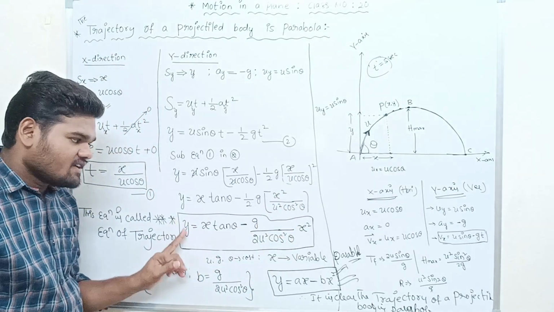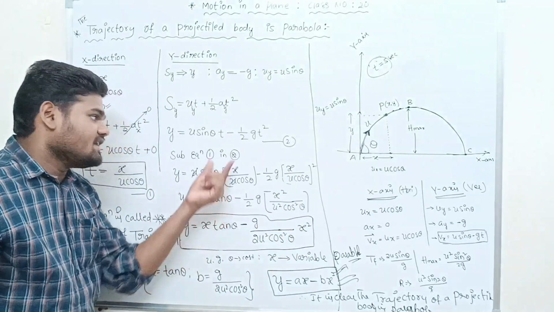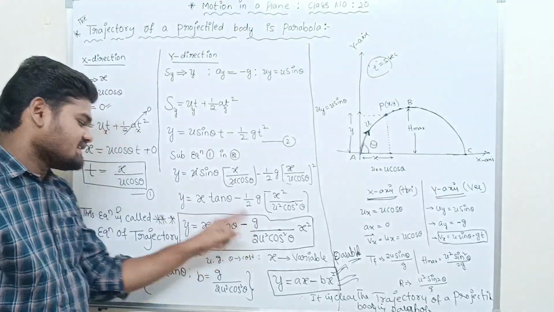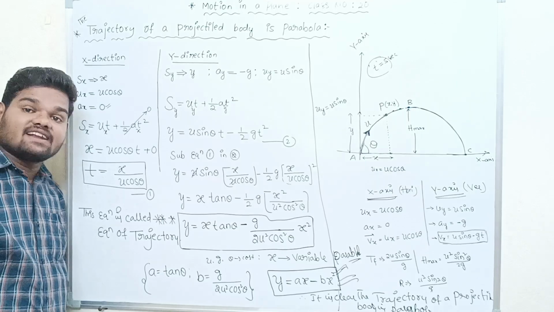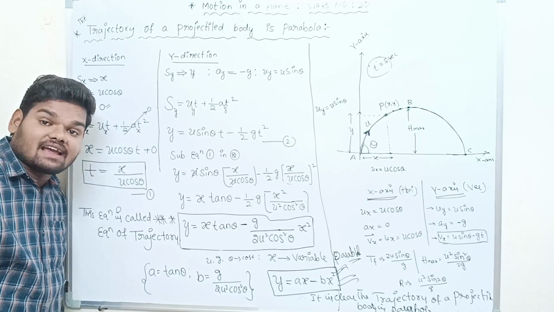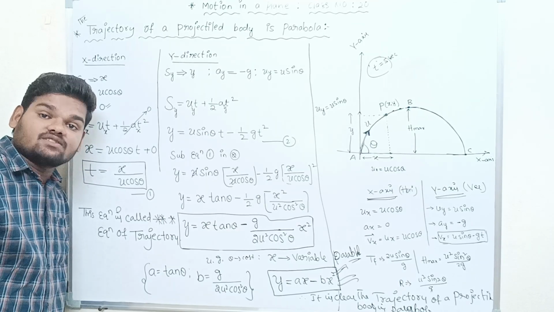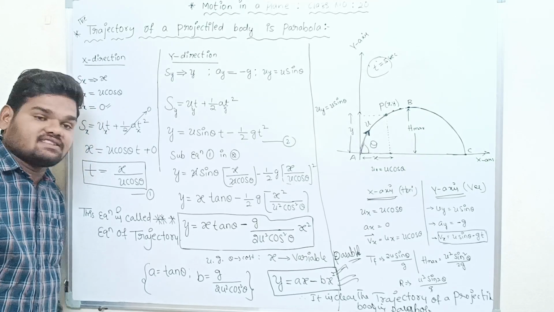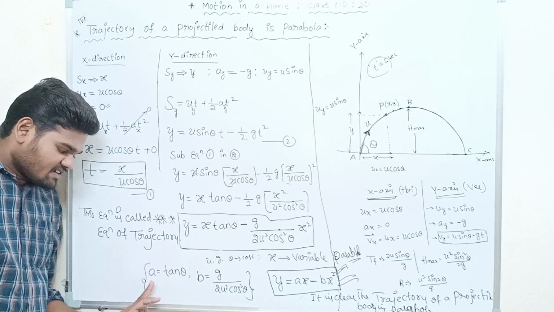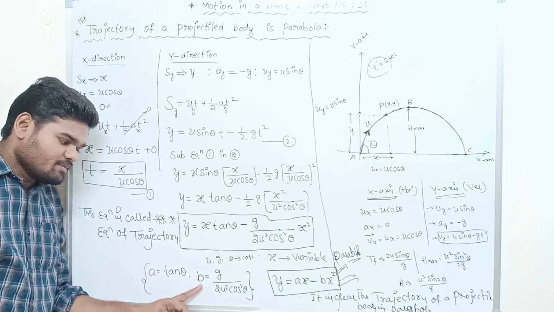So this equation, after substituting the time t in this equation, that equation is called what? Equation of trajectory. So what is that? y is equal to x tan theta minus g x square by 2u square cos square theta. Except x, the remaining things are all constants. That's why I have written a is equal to tan theta, b is equal to this.